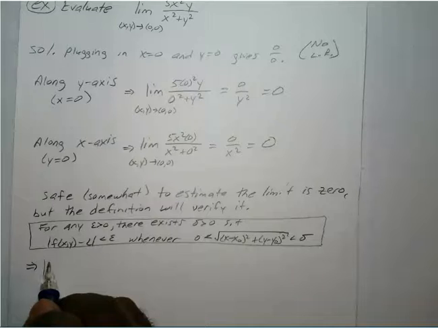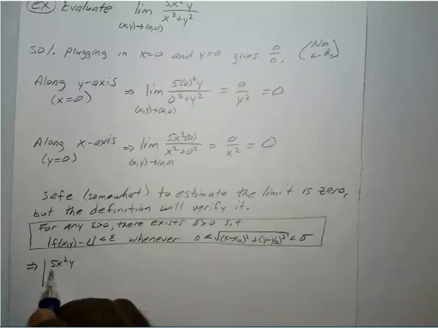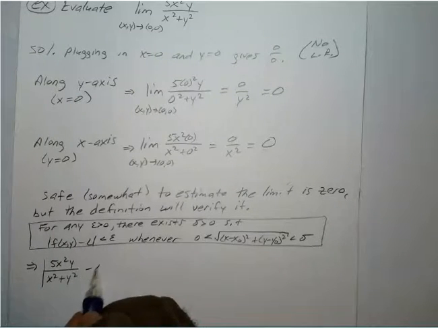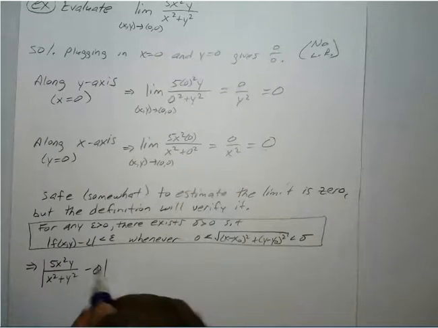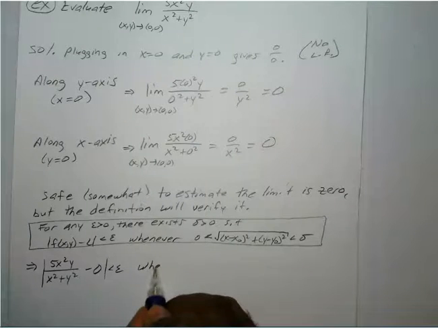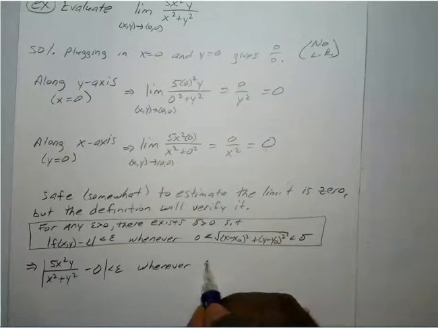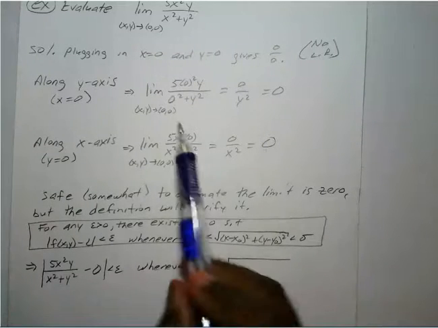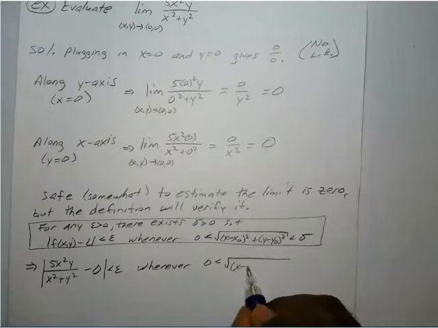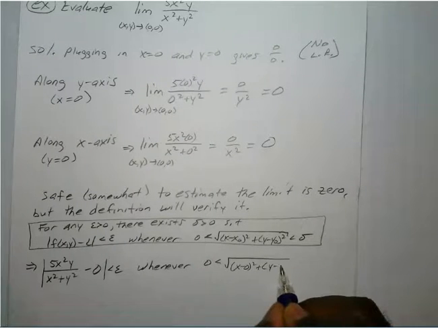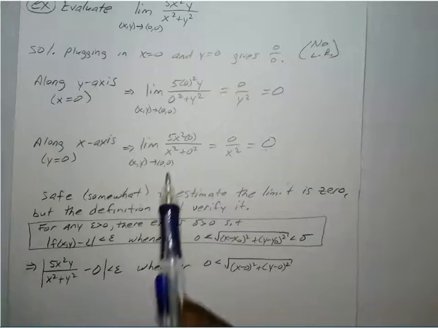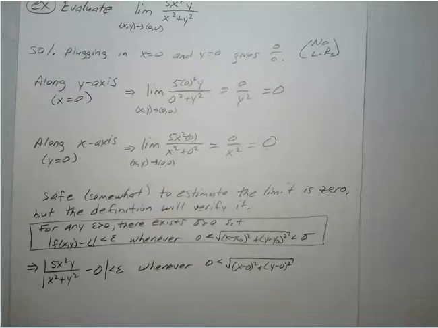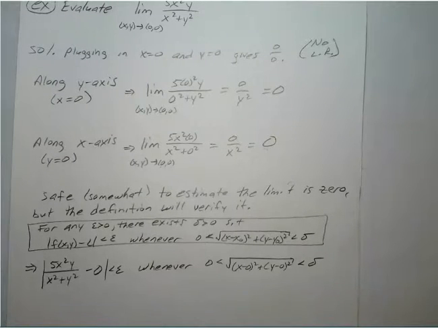So f of x, y, 5x squared y over x squared plus y squared, minus the limit, I'll just put minus 0, even though you don't have to, less than epsilon whenever 0 is less than the square root of x minus 0 squared plus y minus 0 squared. Remember, as x and y approach, that's your x0, that's your y0. That's less than delta.